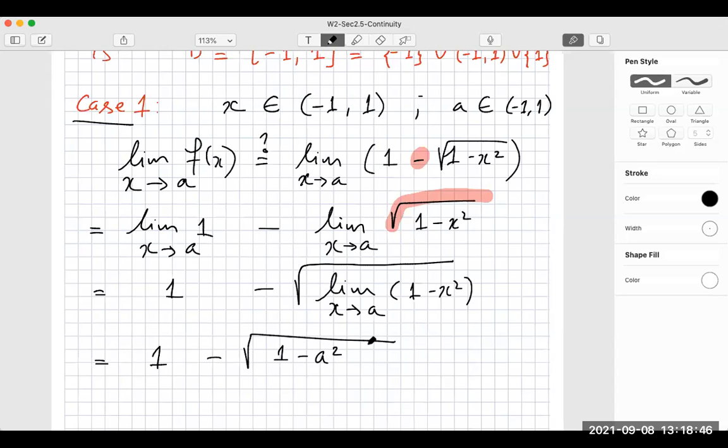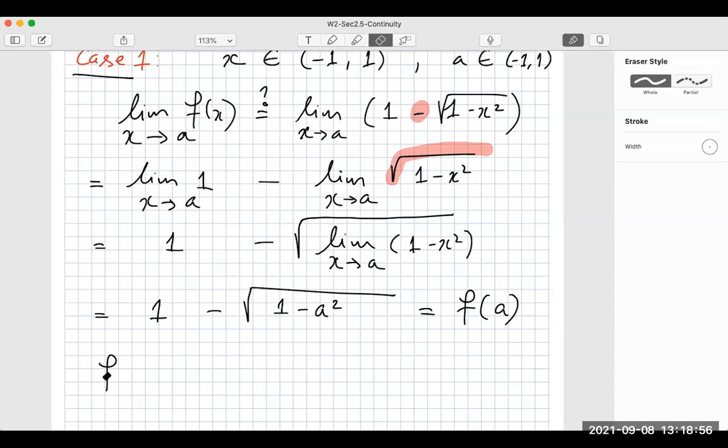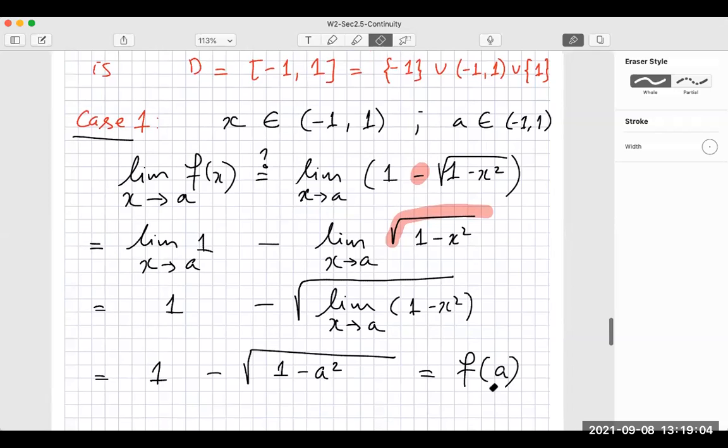Then what is f of a for any number in this interval? Right. It is exactly the limit. Therefore, it is continuous in this open interval.